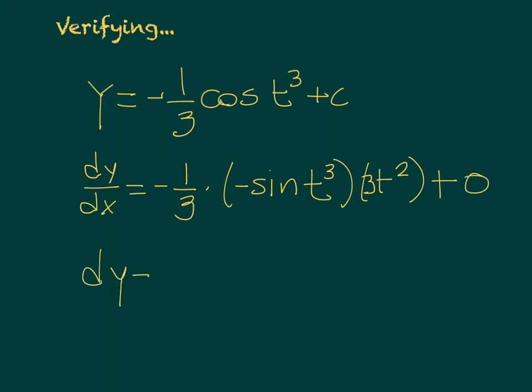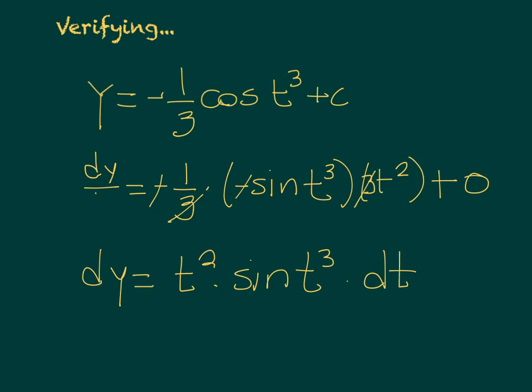So dy will be, 3 and 3, minus and minus, t squared times sine of t cubed times dt in this case. And I'm sorry, this is the derivative of y with respect to t, because the variable of integration is not x but t.